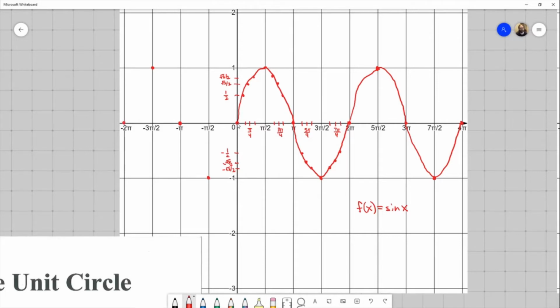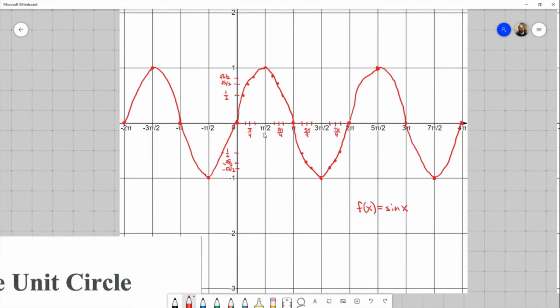And then the in-betweens look roughly the same here. Okay, so there's our graph of f of x equals sine of x.